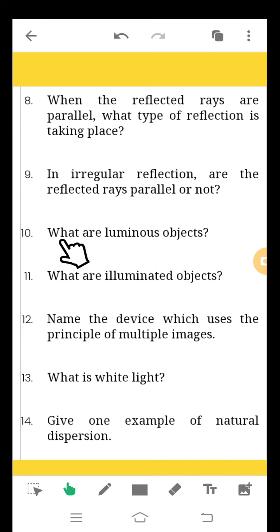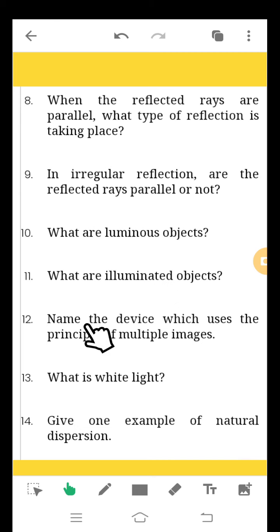Question 10. What are luminous objects? The objects which give out their own light are called luminous objects. What are illuminated objects? The objects which do not give out their own light, but reflect the light falling on them are called illuminated objects.